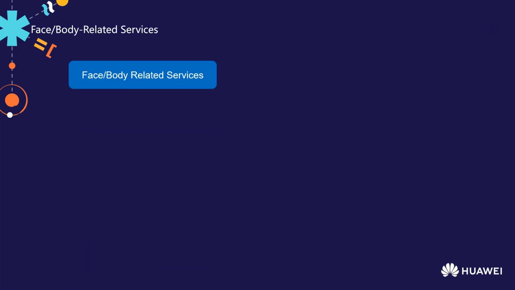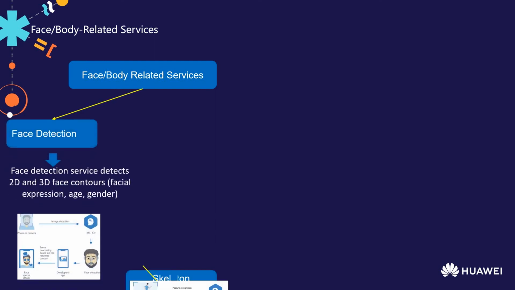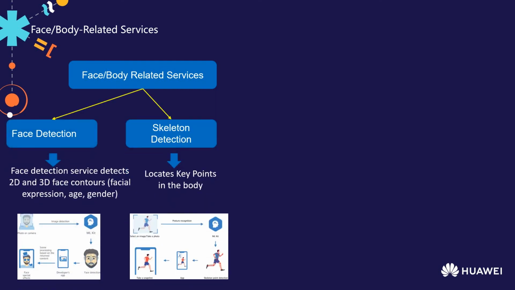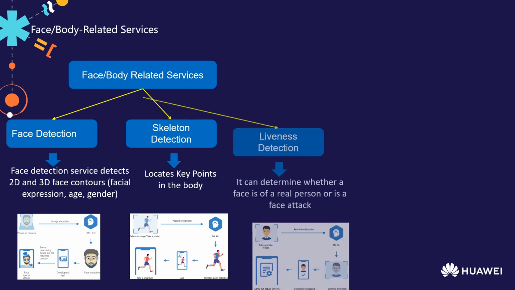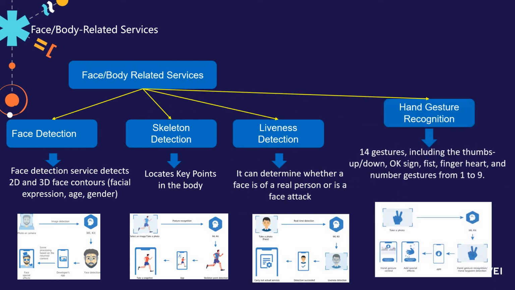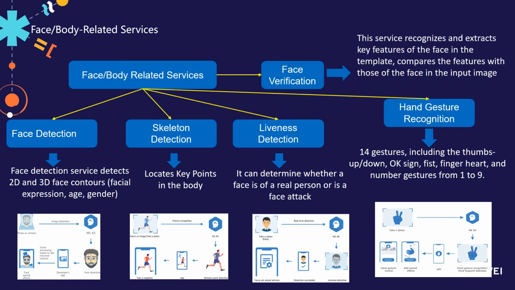Well, we've got face and body related services available for you. You can detect the face, skeleton detection is there, liveness detection, and most importantly, we can have gesture support as well. We can detect gestures, and finally, we can have face verification.